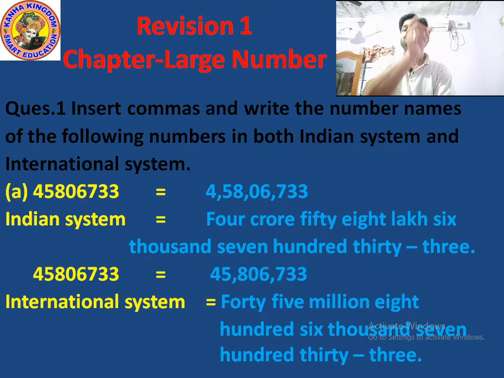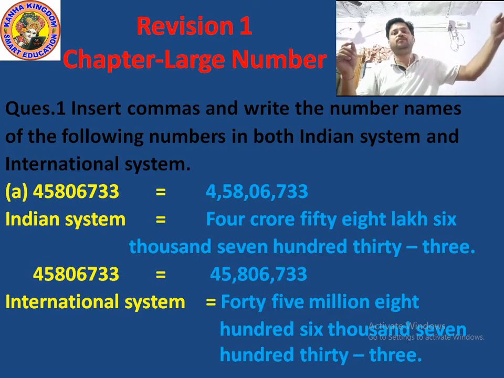What are they? 1 million place value, 10 millions place value, and 100 millions place value. Okay, now see, here also start with the right hand side. So first you count 3 digits. Starting from right hand side, first digit is 3, then move to left hand side.